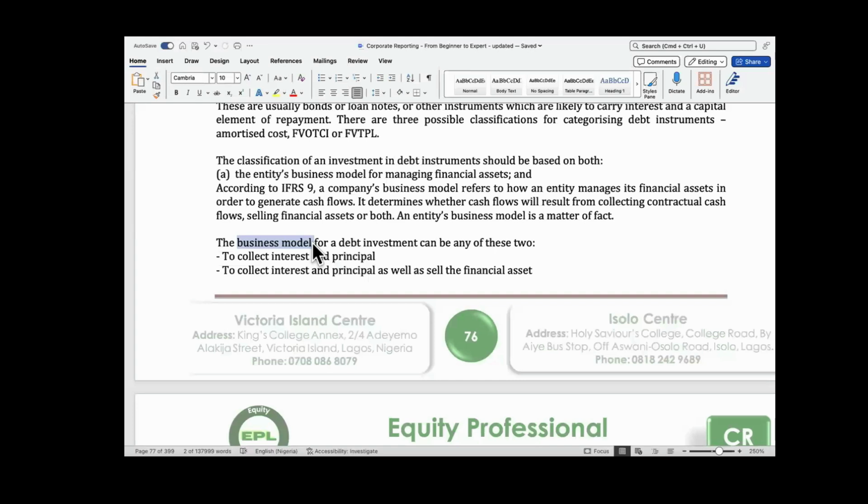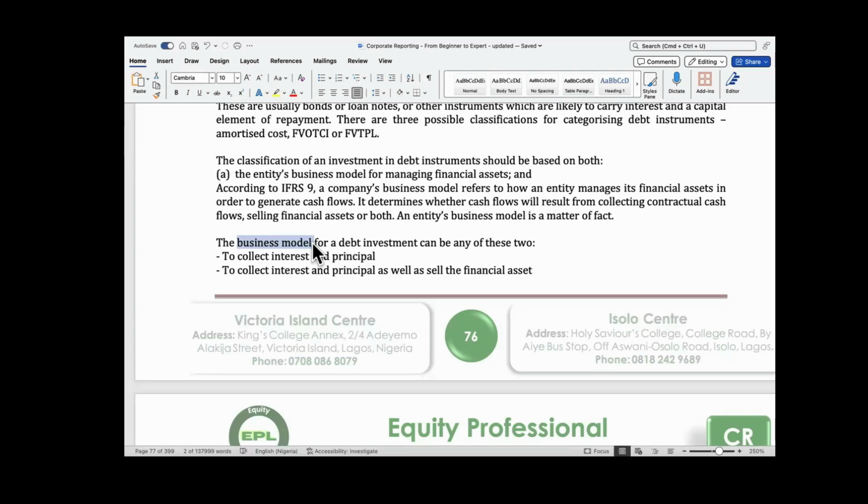So we are saying that in this case, if I invest in debt, let's say government debt, I have my business model in mind. Okay. So it's either I just want to collect interest, then at maturity, they give me back my money, because debt, they always give you back your money. That's a business model.